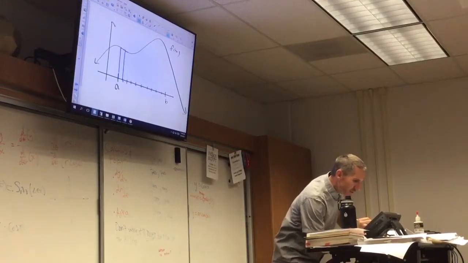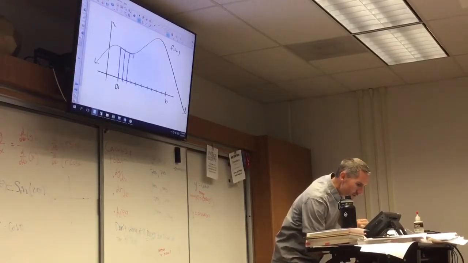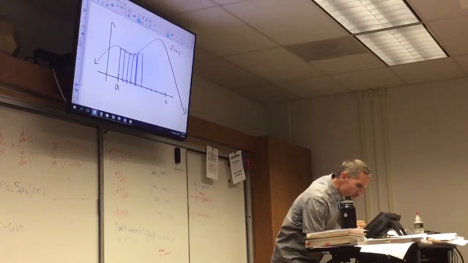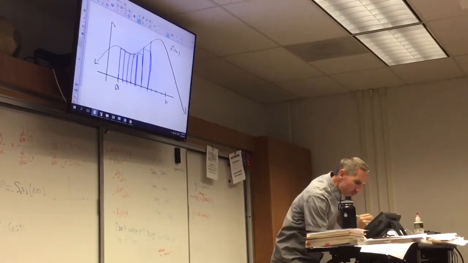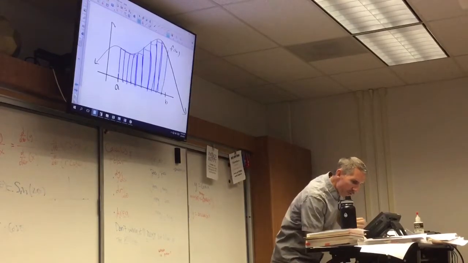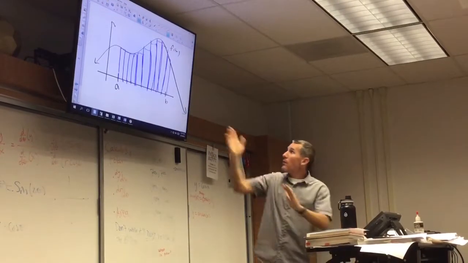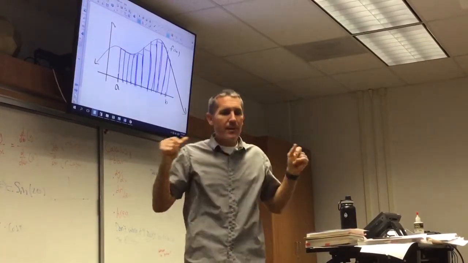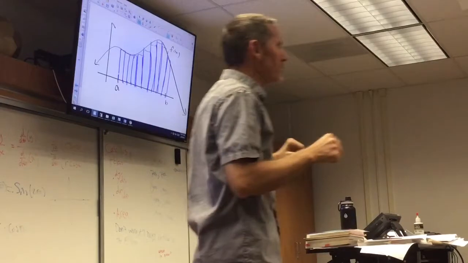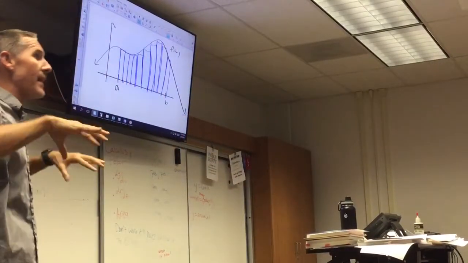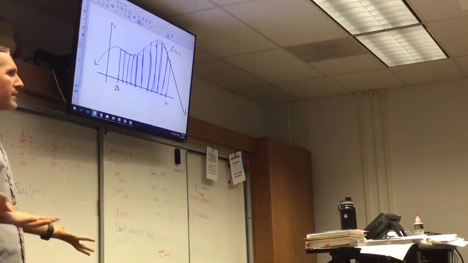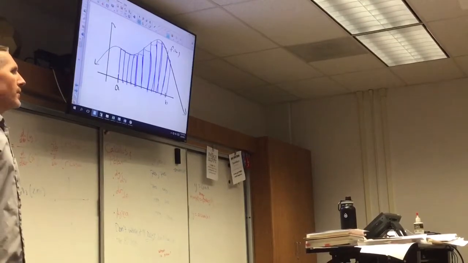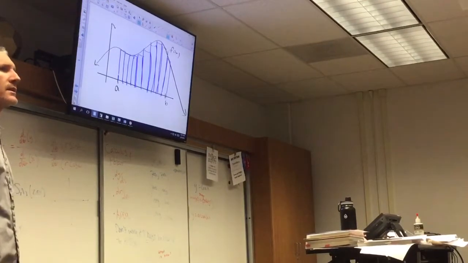And then that gives us this terrible depiction of what it is, but all of those, and we add up all those, and that's a good approximation. Then we say take the limit as the number of those rectangles approaches infinity, and that gives us the exact area, right? That's the whole idea of the formal definition of the definite integral.